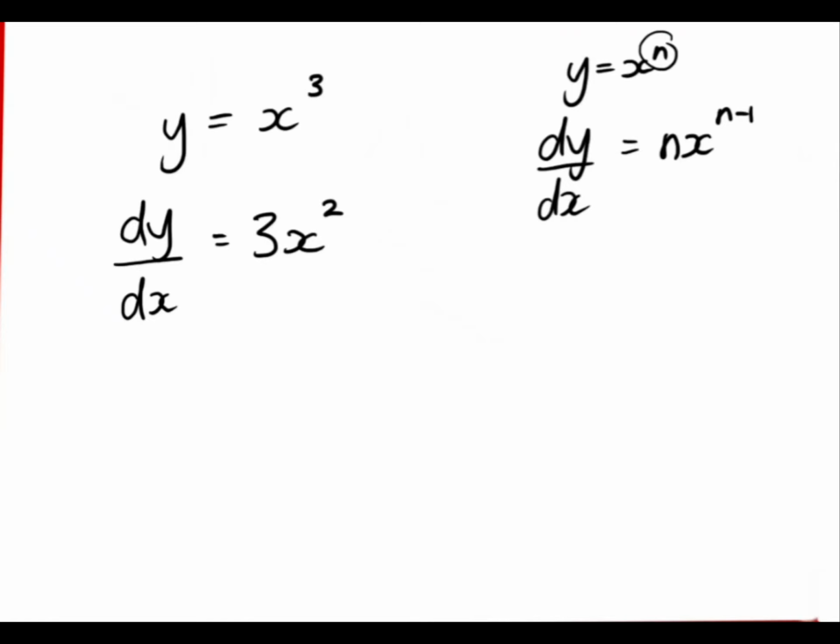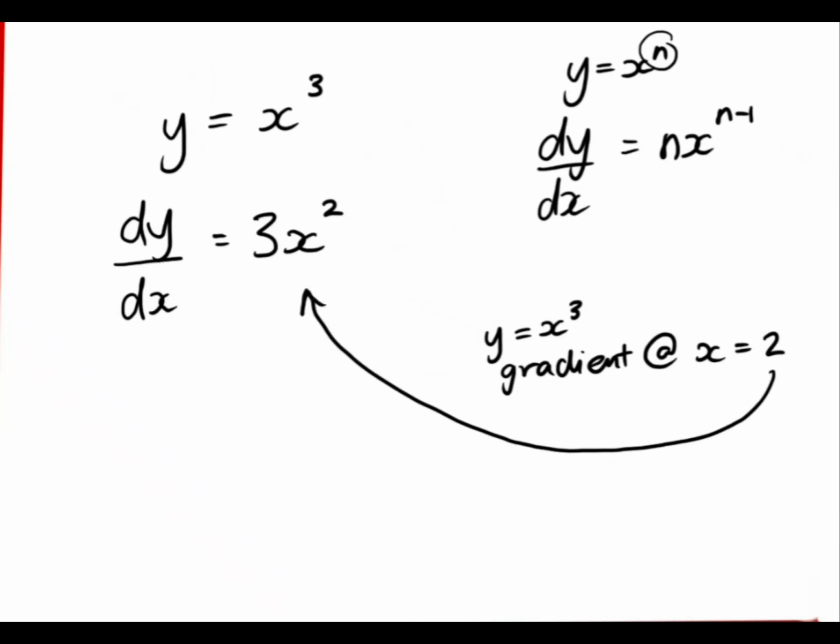So for example, if a question was phrased for the graph y equals x cubed, and they asked you the gradient at x equals 2, all you do is substitute this 2 into this equation, because as we said, this equation is what helps us work out the gradient. So the gradient at x equals 2 for this graph would be 3 times 2 squared, which is 3 times 4, which is 12.